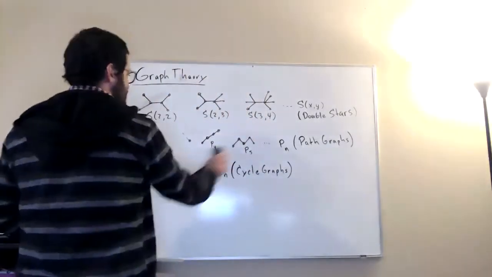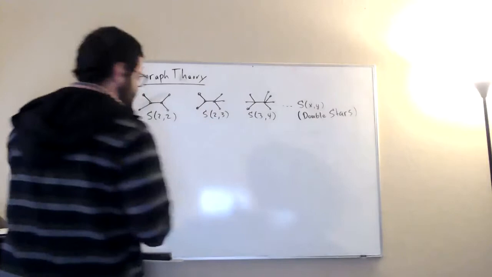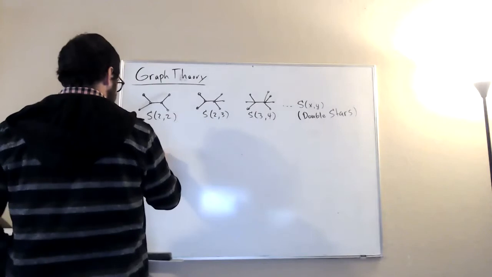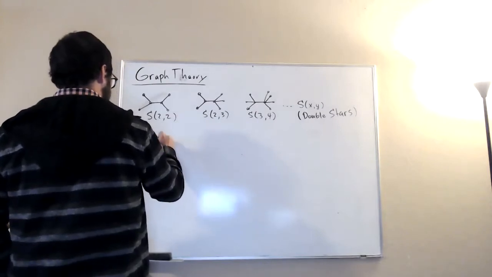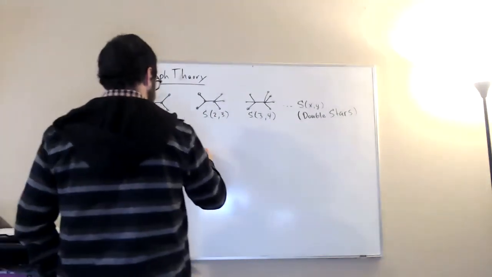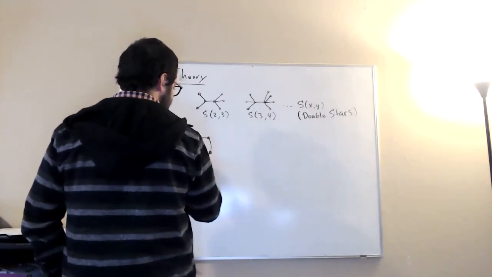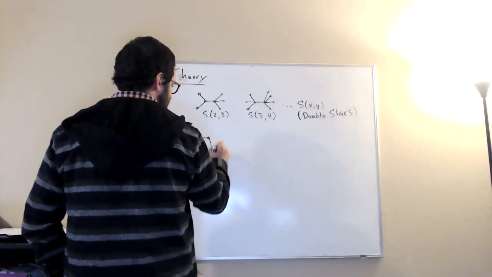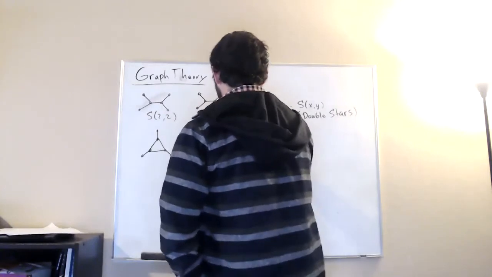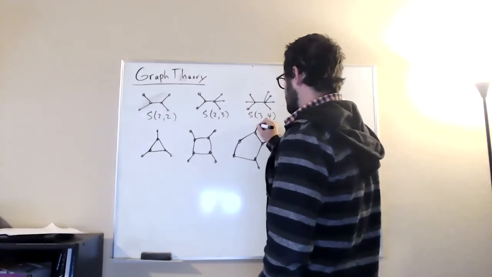A lot of times you can build a family of graphs by starting with one of the simple families that I mentioned and then doing something to them to make them different. So what do you think these are called? If you start with a cycle and then you add a leaf to each vertex in the cycle, you get these graphs.